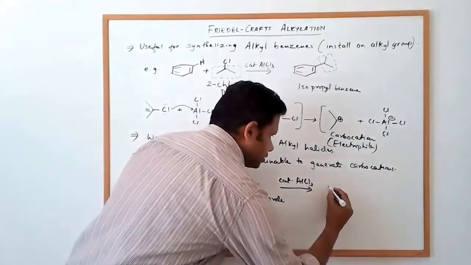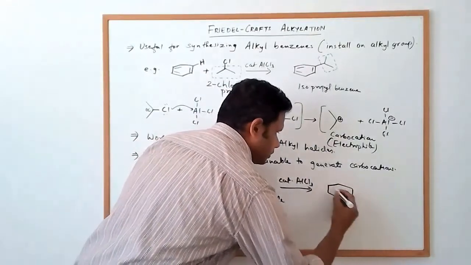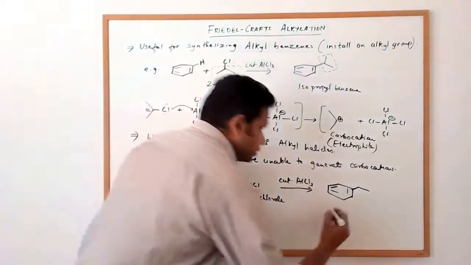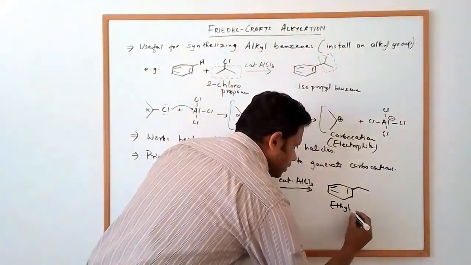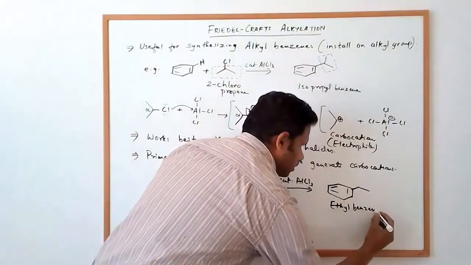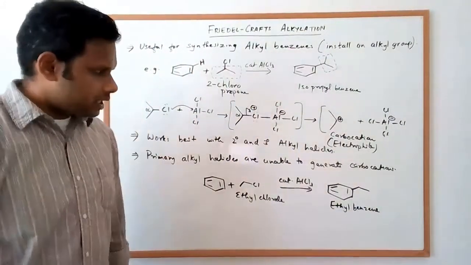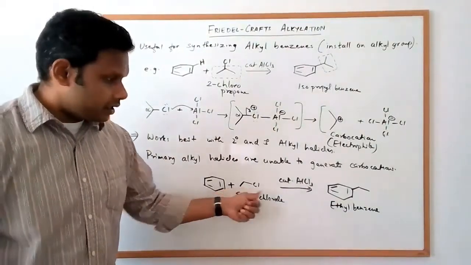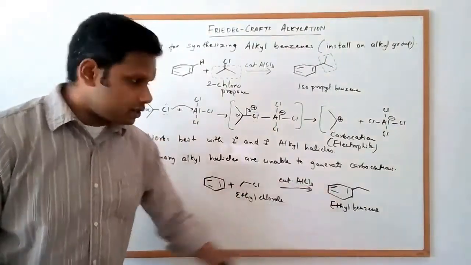Under these conditions, ethyl benzene is produced. So this is the organic product. We make ethyl benzene.